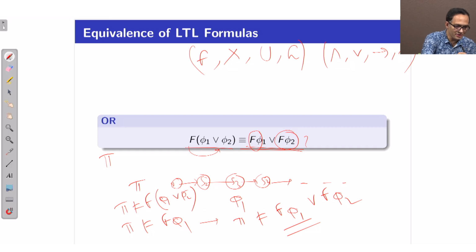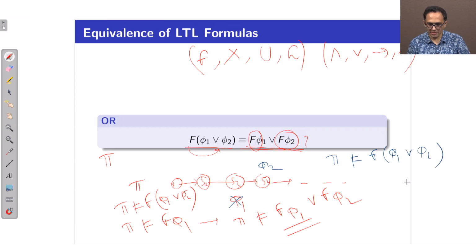Similarly, let's say in the same state phi 2 holds here, right? Then also I can say this path satisfies F of phi 1 or phi 2, because there is a future state where phi 2 holds, so that means phi 1 or phi 2 holds.